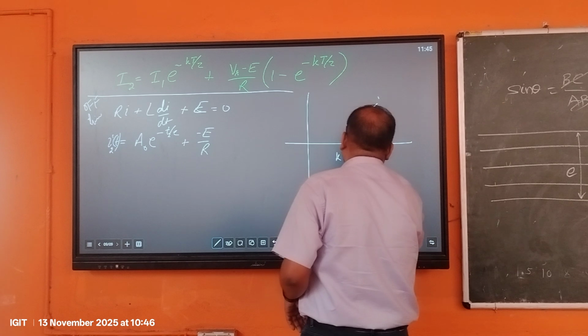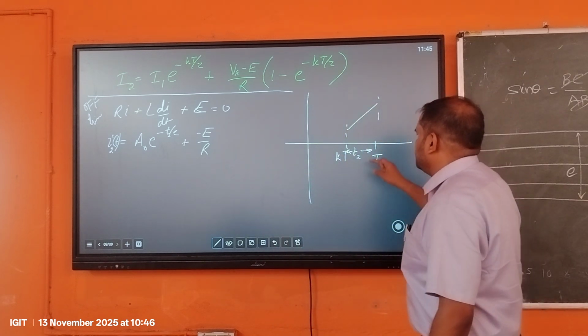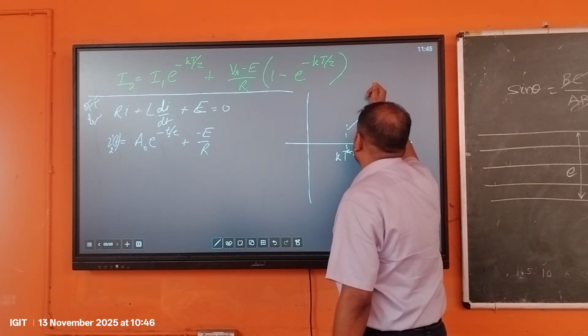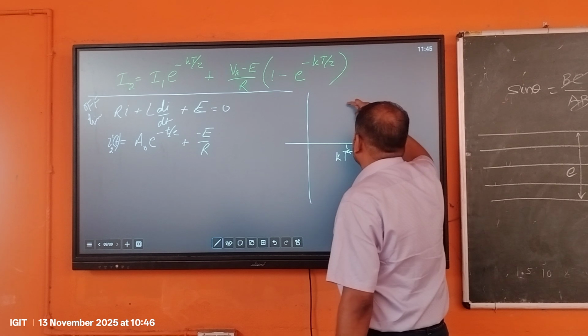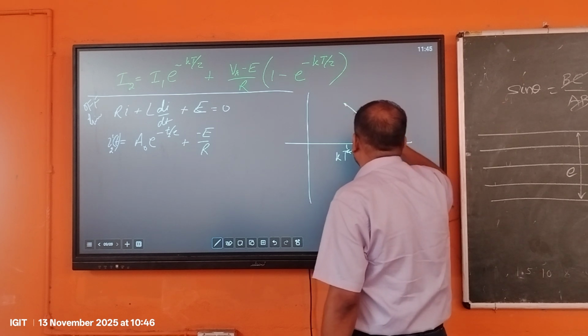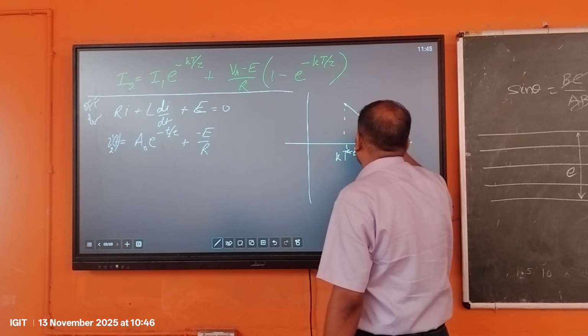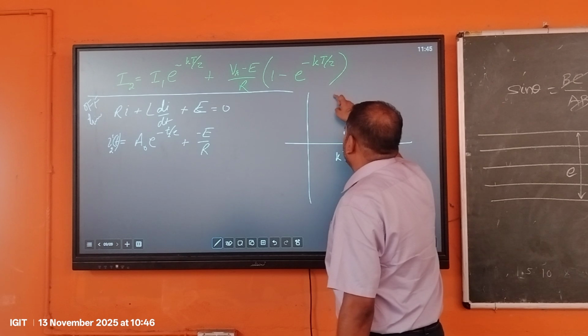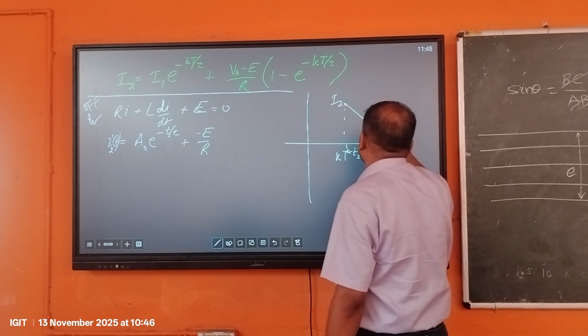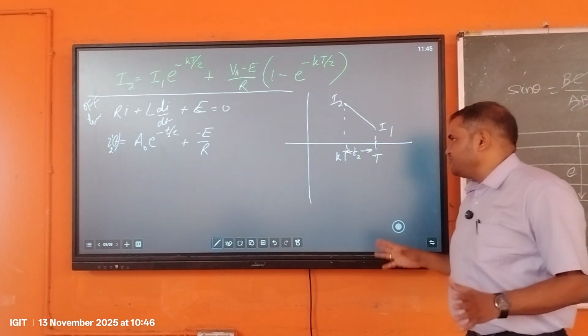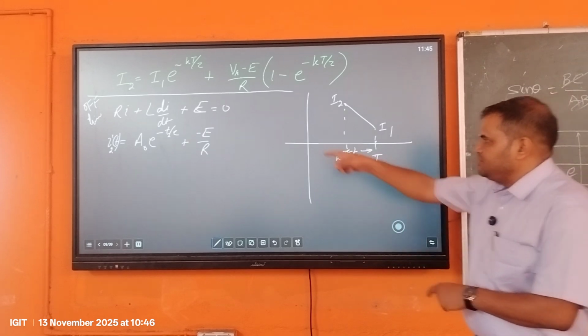T2 is the time from kt to t. Sorry, this is not the waveform, the current is actually falling from here. This is the value of I2 and this is the value I1. So we're getting this term like this.